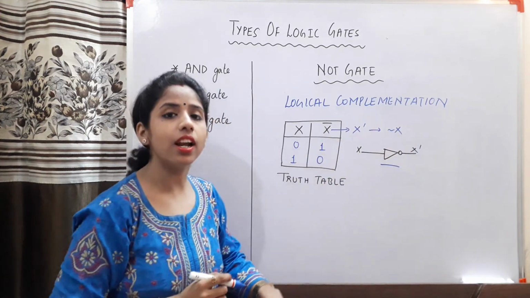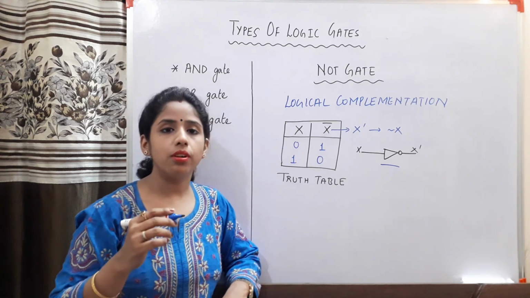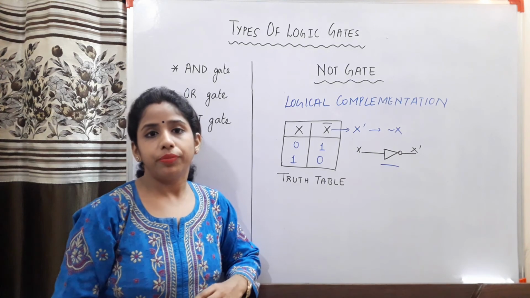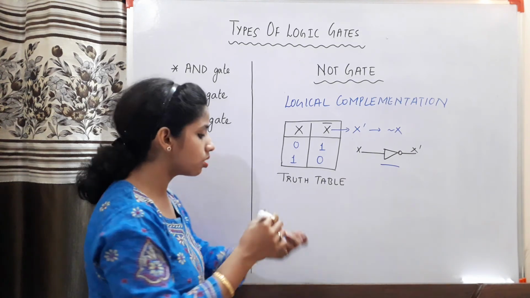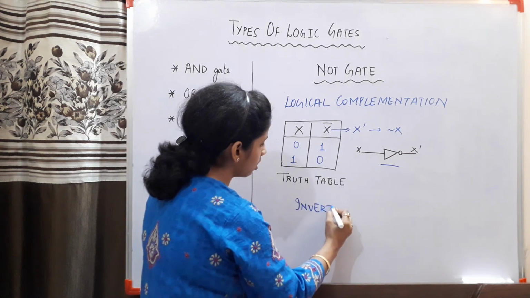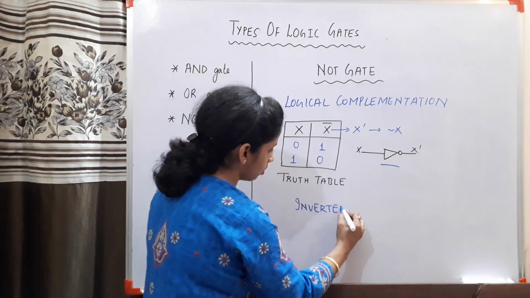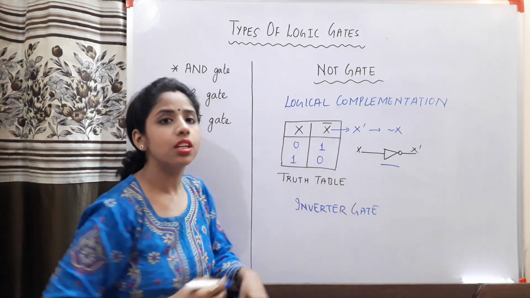And as you can see, this NOT operator or NOT gate performs the inversion of its input. That is why it is also called an inverter. So it is an inverter gate. This is another name for this NOT gate.